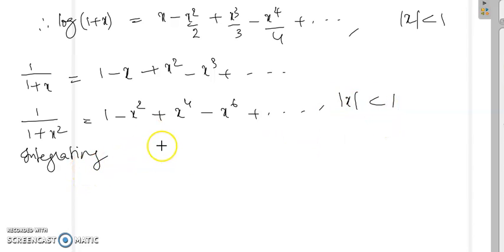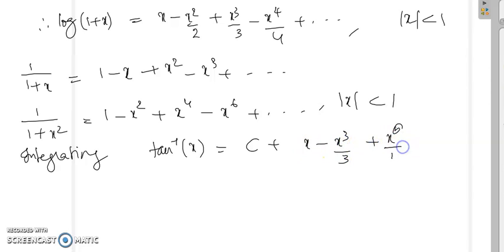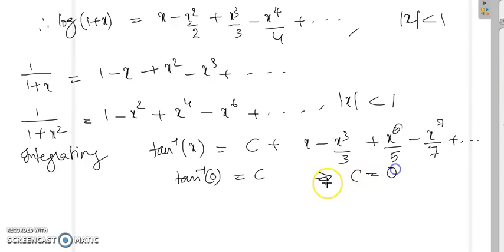Integrating, you will get tan inverse of x equal to c plus x minus x cubed by 3 plus x raised to 5 by 5 minus x raised to 7 by 7 plus etc. Again tan inverse of 0 will be equal to c, so that implies c will be 0.